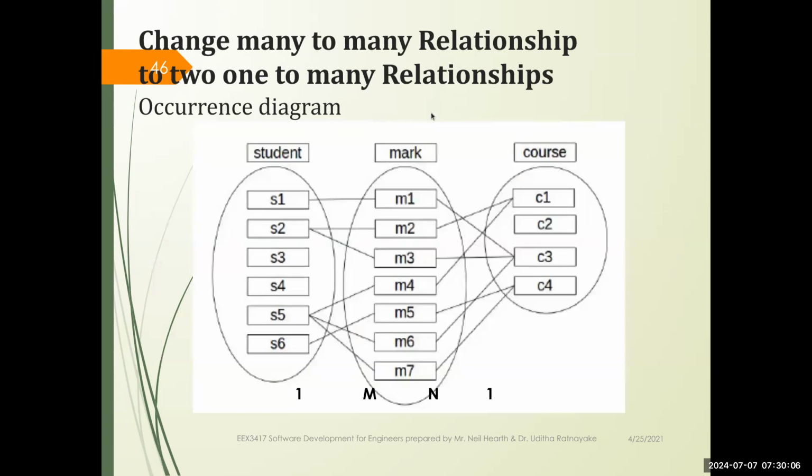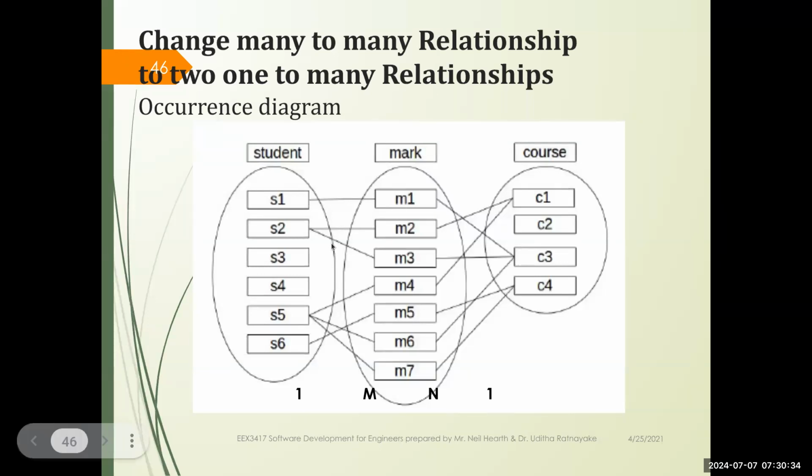Here you can see how we change a many-to-many relationship to one-to-many relationships. How? Student is available, course is available, on the left side and right side. In the middle, we put marks. So this student's marks for this course is this one.